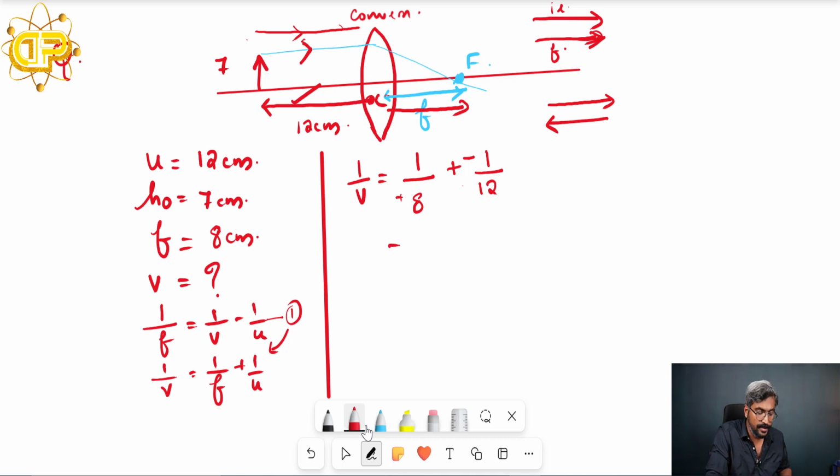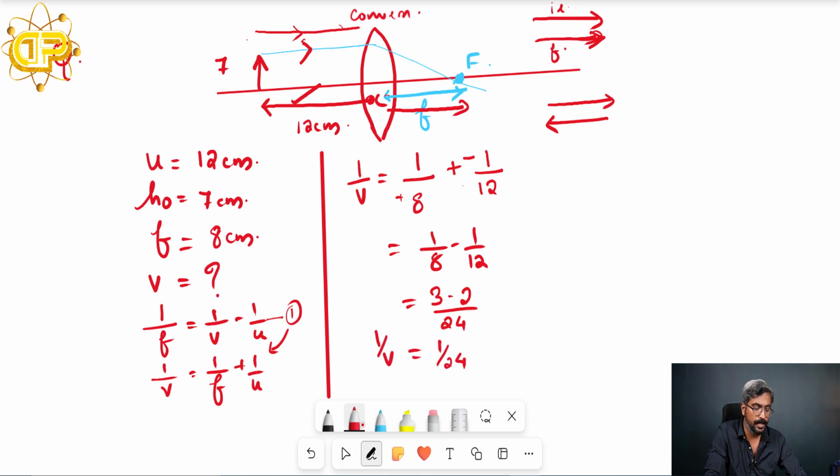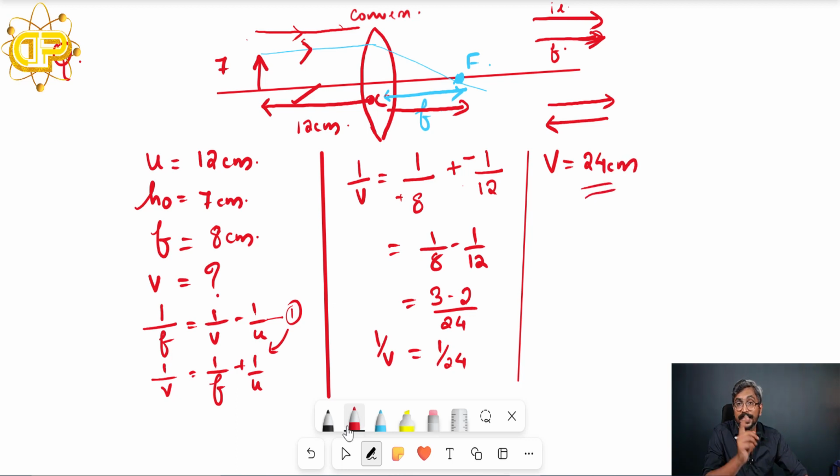Here we can see that it is 1 by 8 minus 1 by 12. From there, 24 is the LCM, so 3 minus 2 by 24, and that is nothing but 1 by 24. Then that is 1 by V, so what will be V? V will be equal to 24 centimeter. A very good thing here is the positive sign for V. What does that indicate?